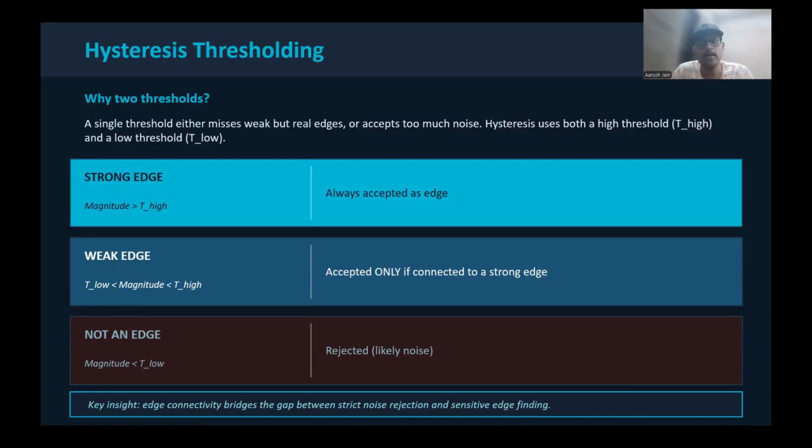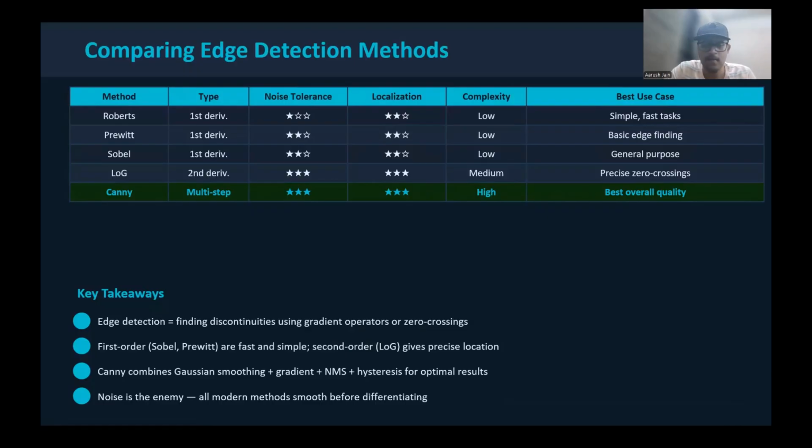Let's have a look at the comparison of everything we have discussed. With Roberts, we saw very minimal computation, but it is very noisy. Second came Prewitt and Sobel. These are used a lot, are good for most technical tasks, and have low computation cost, but Sobel is preferred more for its noise robustness.